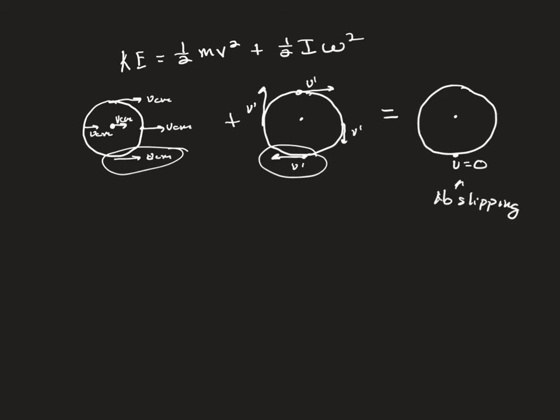And this is the type of scenario we're going to be working with, because when there's no slipping, we don't have to worry about work non-conservative due to the frictional force, as we saw in an earlier example problem. As soon as you start slipping, you apply a force over a distance, and then you have to worry about work non-conservative. So you need friction to cause the rotation of the object, but at the same time, you don't want to be dealing with friction in terms of the object slipping forward.